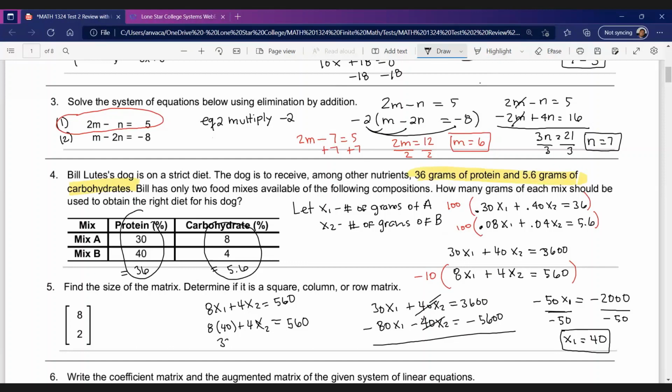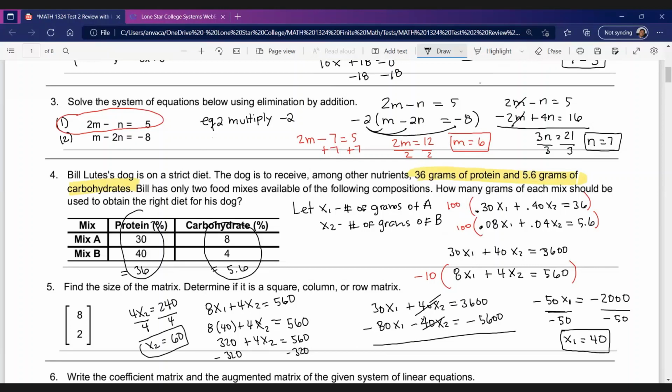That will be 320 plus 4 times x2 is equal to 560. Take away 320. We get that 4 times x2 is equal to 240. After dividing by 4, x2 is equal to 60.